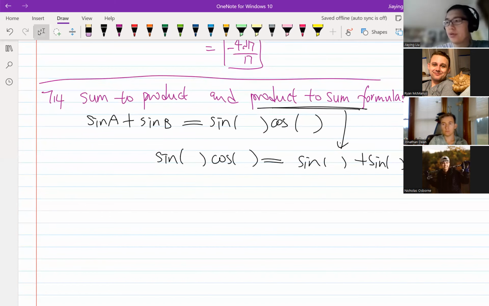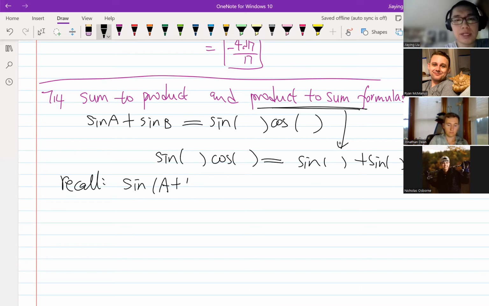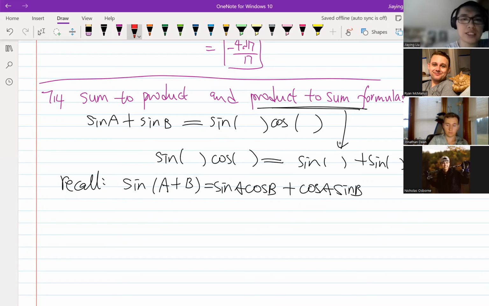All right, so I'm just going to remind you what we had earlier. Recall earlier we had sine of A plus or minus B equals sine A cosine B plus cosine A sine B. And if we have a subtraction, we just have a subtraction.